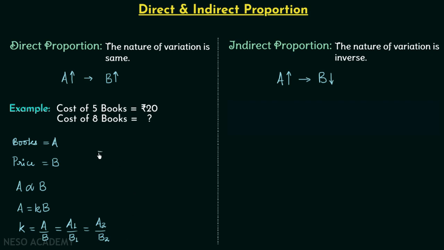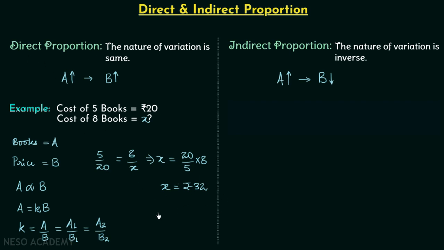So we will have 5 divided by 20 equal to 8 divided by X. Let's say the price we need to find is equal to X. From here we will have X will be equal to 20 divided by 5 multiplied to 8. 20 when you divide by 5 is equal to 4. 4 multiplied to 8 will give you answer as 32 rupees. So 8 books will cost you 32 rupees. So I hope you now understand the example of direct proportion.